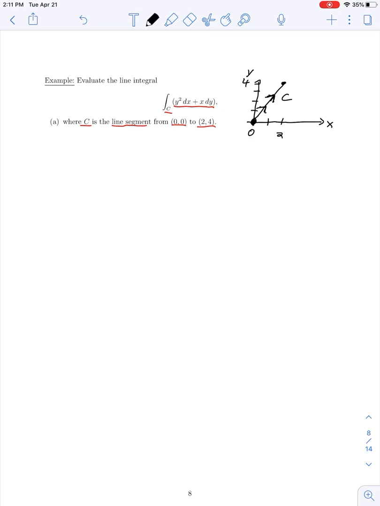And to evaluate this, we need to find parametric equations for this line segment. So here our line segment is moving from the origin to the point 2, 4. So its direction vector would be 2, 4. So parametric equations for the line segment C are given by x equals, well, we started at 0, 0, and our direction vector was 2, 4.